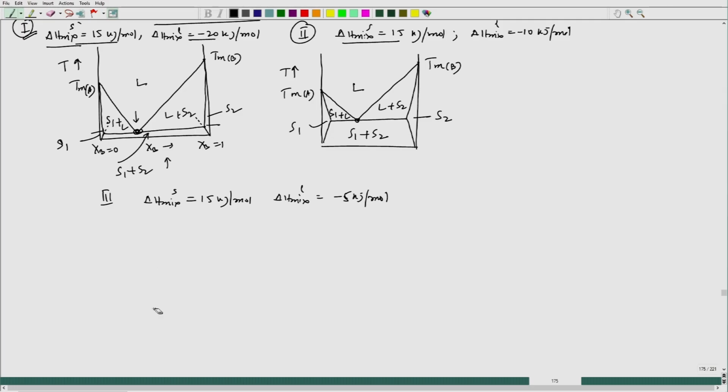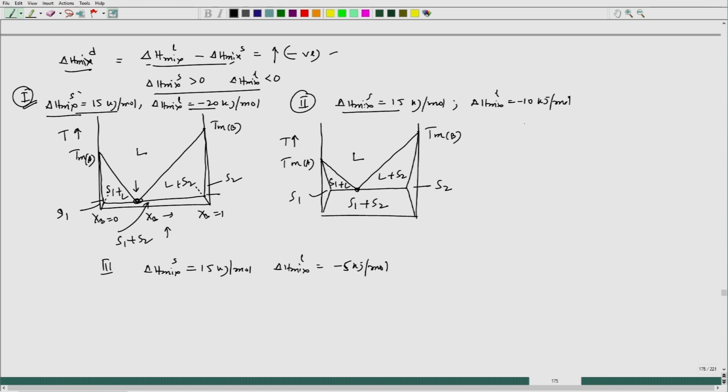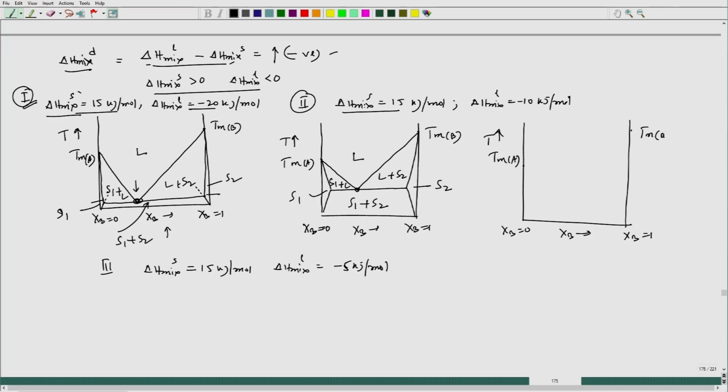if I try to plot it side by side here. So, this is the third case, this is x B equal to 1, x B equal to 0, x B equal to 1, x B equal to 0, x B is varying this way, this is temperature, let us say this is T m A, this is T m B. Now, I will see that this point will further move upward when we go to the third case. This is case 3.